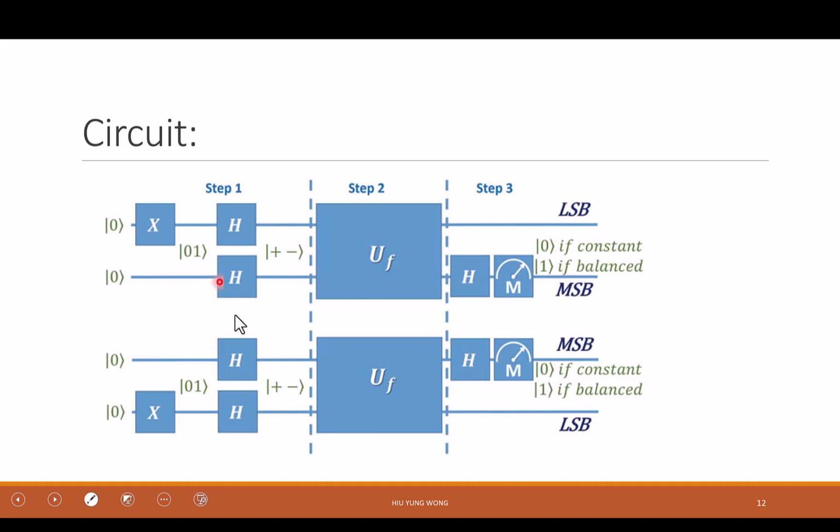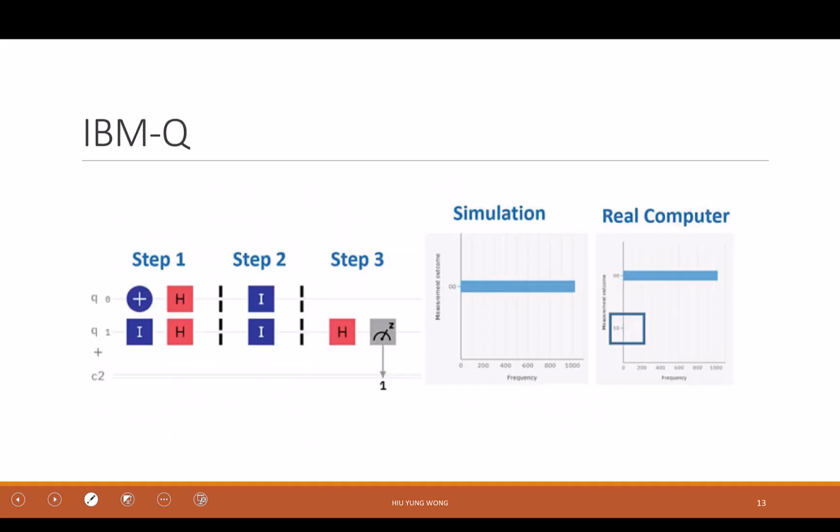So this is the algorithm in a nicer drawing, but now be careful. This is MSB, this is LSB. This is what we had before, right? I drew on the slide. This top one is swap MSB at the bottom, LSB at the top. That is the circuit you will draw in IBM Q. And this is the circuit in IBM Q, right?